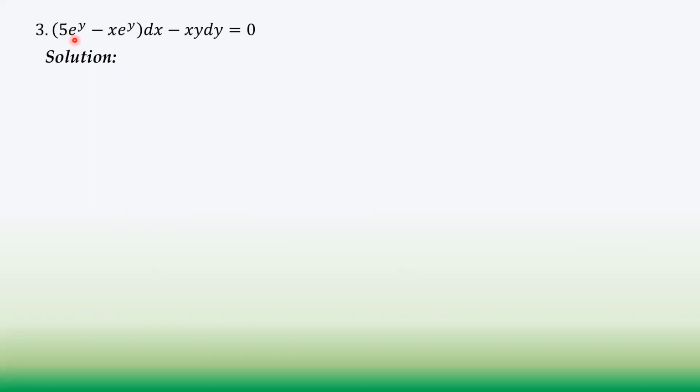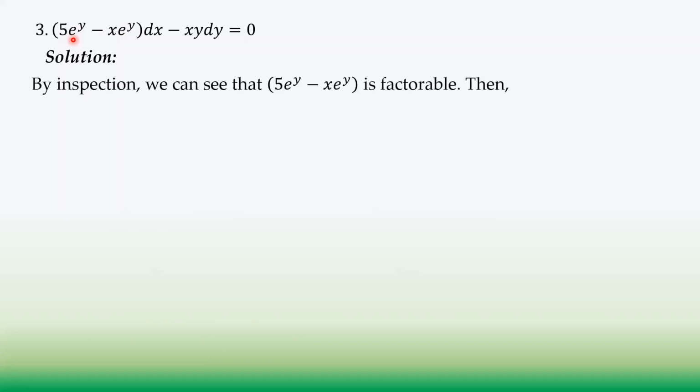Kagaya dito, since factorable yan, factor natin. So, lalabas mo yung common, e raised to y, ang maiiwan lang 5 minus x dx. So, pag chinek mo, na-separate na natin dito, di ba, napaghiwalay natin yung function of y and function of x.